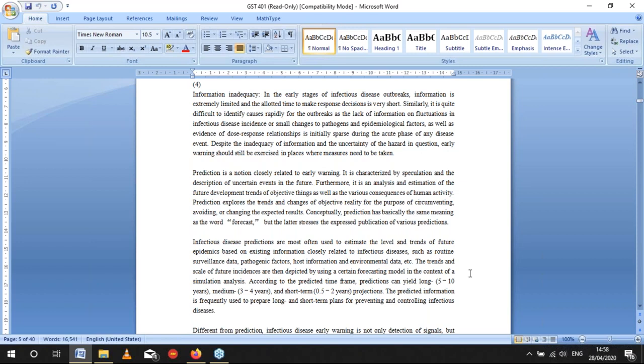The two concepts are interconnected. Why? Because they both serve to describe future events. They are both talking about future events.